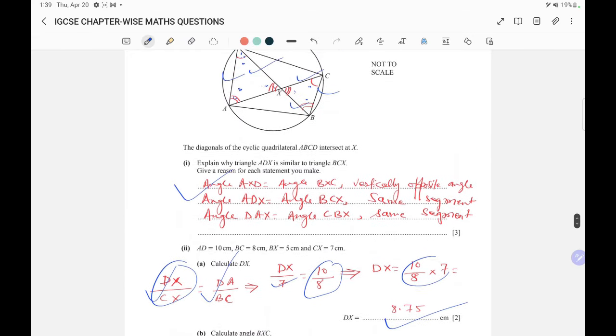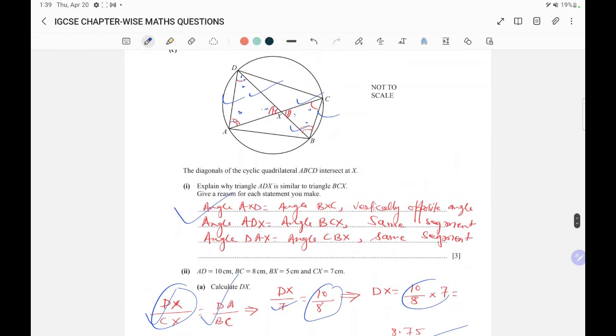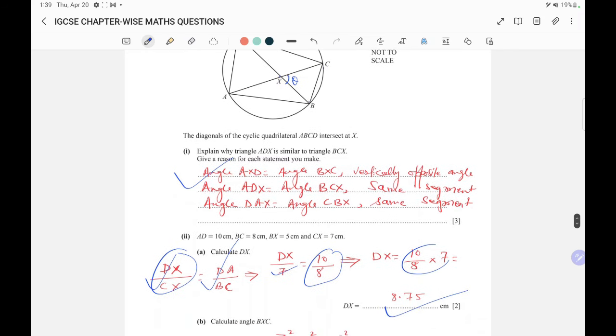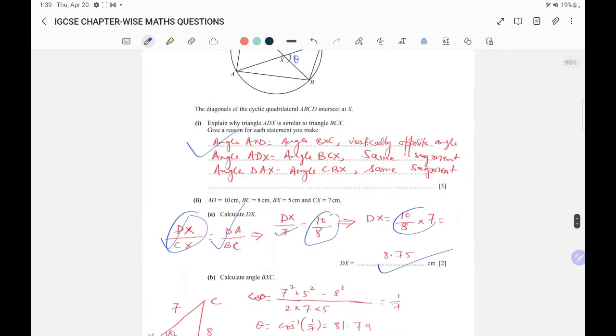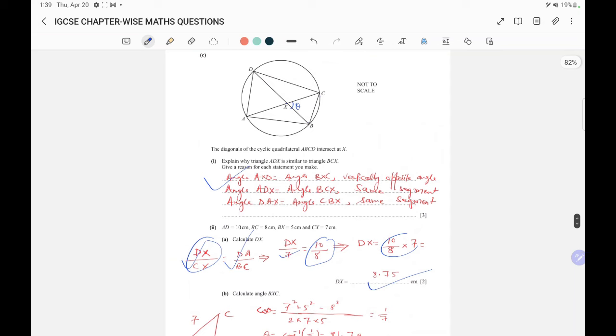Now calculate angle BXC. Where is BXC? Just remove everything. BXC, this angle theta, right? So now we already found CX was 7, BX is 5, and BC is 8, right?